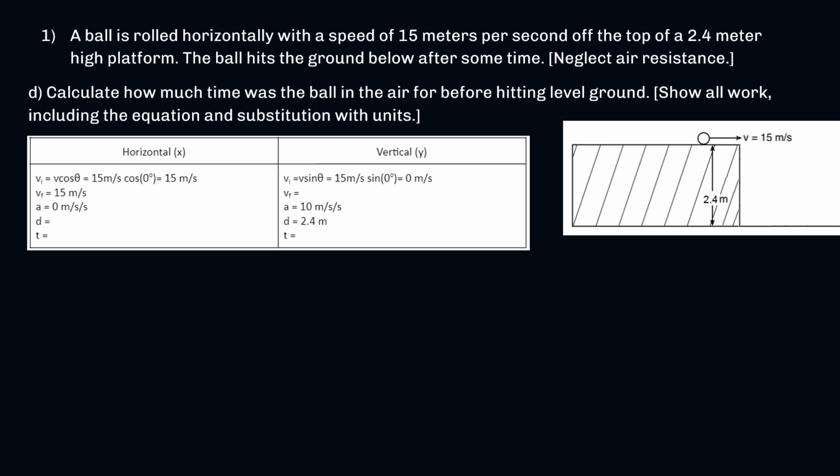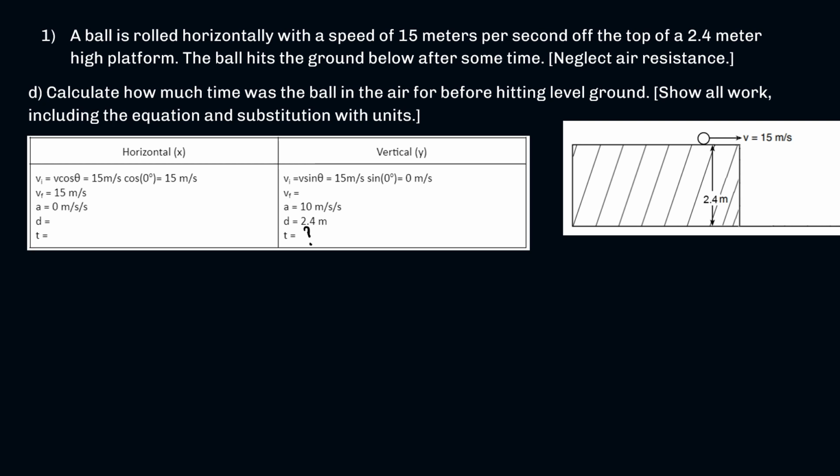The vertical direction, though, looks pretty promising, as we have an initial velocity, we have an acceleration, we have a displacement, and we're trying to find the time. So it looks like we can use the vertical direction here. That's going to be my question mark. That's what I'm looking for.